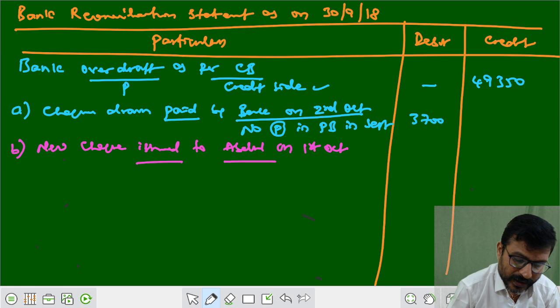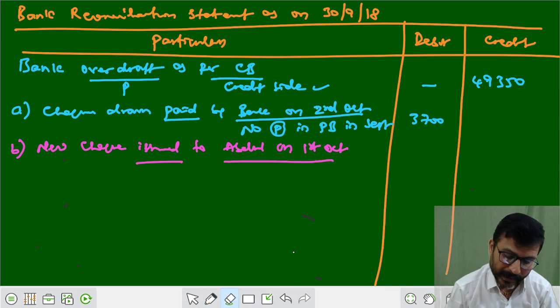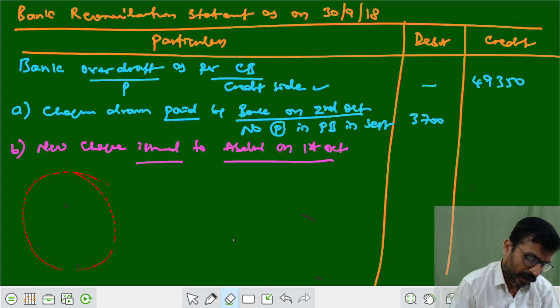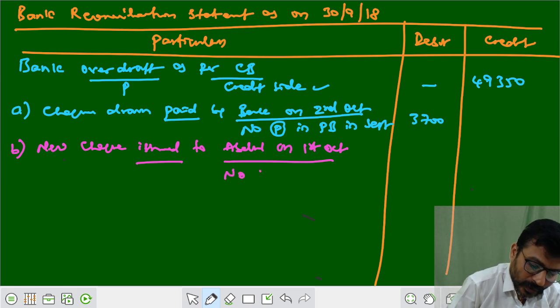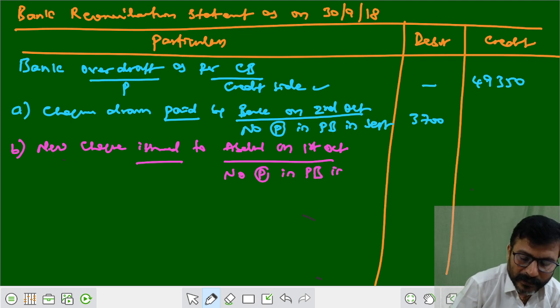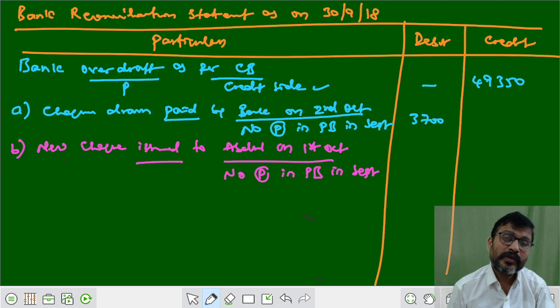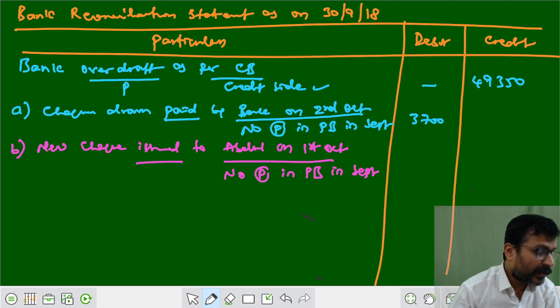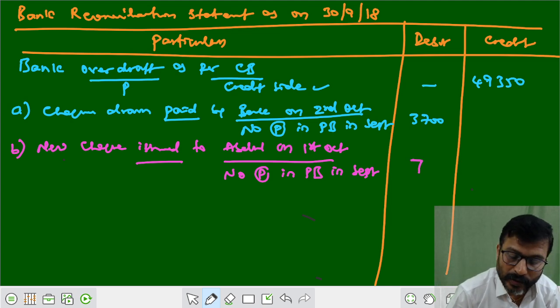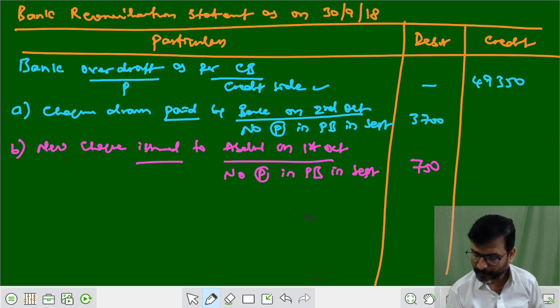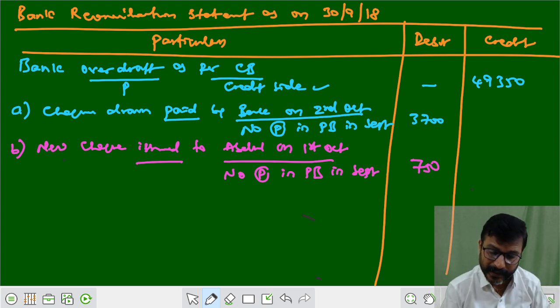What do you mean by the concept of issued on 1st October? It means no payment in passbook in September, means no debit in passbook. So we have to take it on the debit side. The amount is how much? The amount is 750. Shall we move on to the next point, my dear kids?